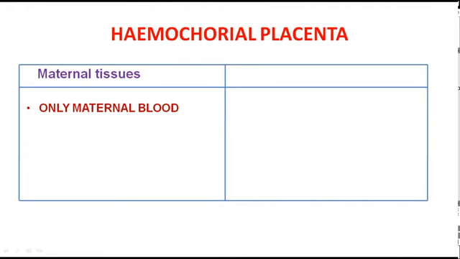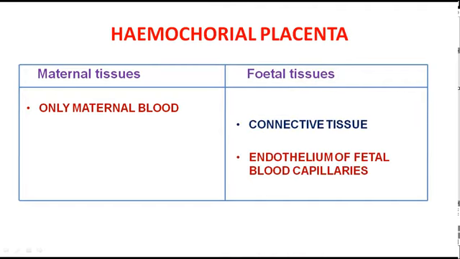Lacunae are the empty spaces present there, inside which the blood vessels terminate, so blood flows in the empty spaces. And from the fetal side, there is connective tissue and the wall of blood capillaries, that is endothelium. So maternal blood directly flows into connective tissue of the fetus, from where materials are exchanged from the blood to connective tissue.